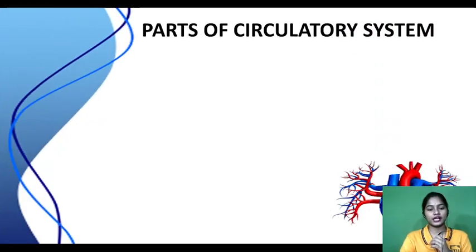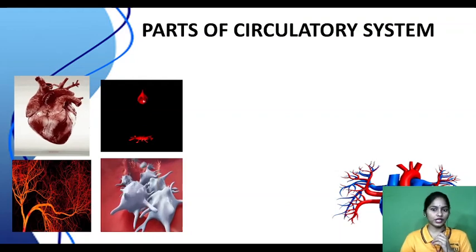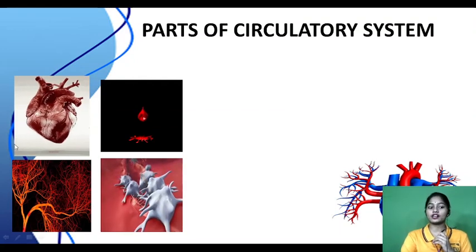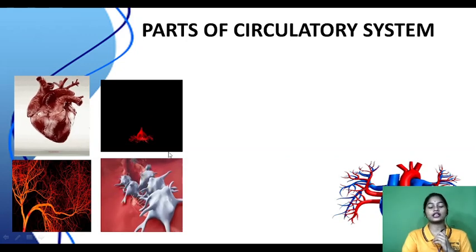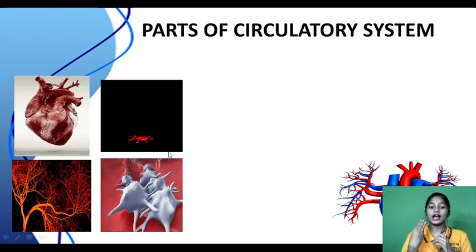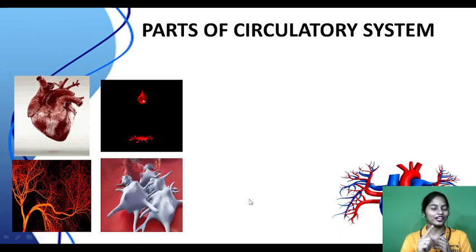Okay. Now moving to the next, what are the parts of circulatory system? Can you recall? See, these are the 4 main parts of circulatory system. First one is our heart, then the blood, then blood vessels like veins, capillaries and arteries. Then fourth one is our platelets, which help in the clotting of our blood.